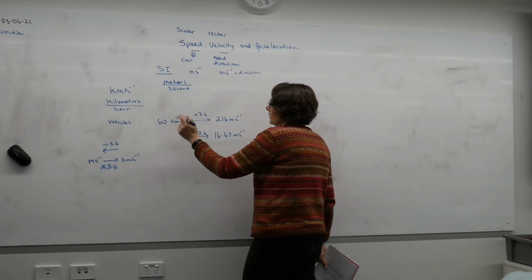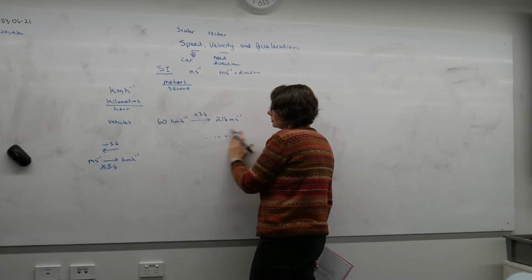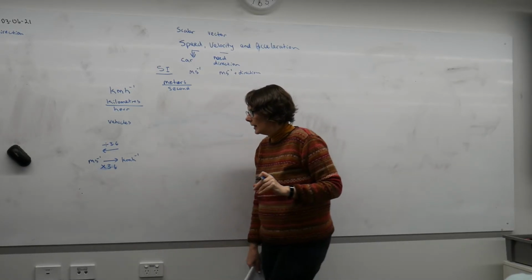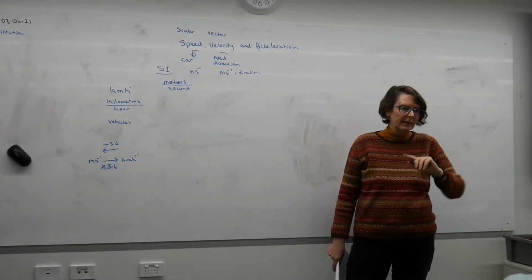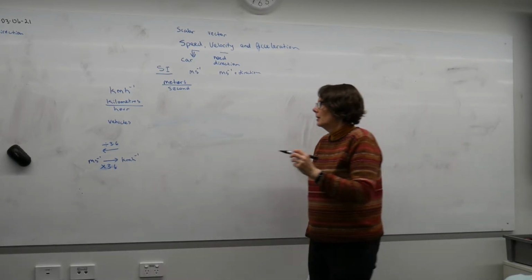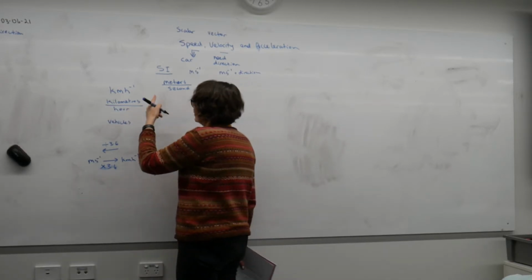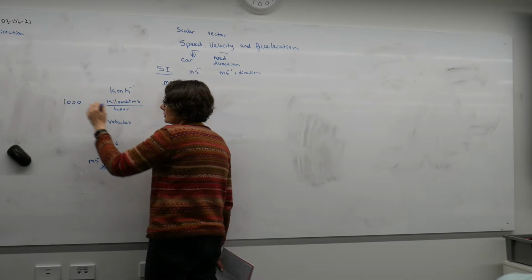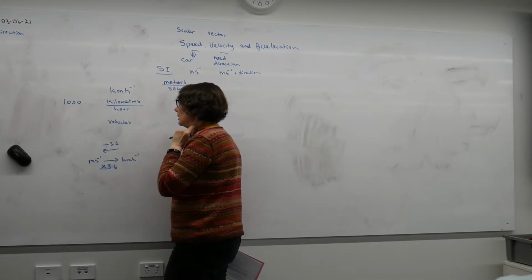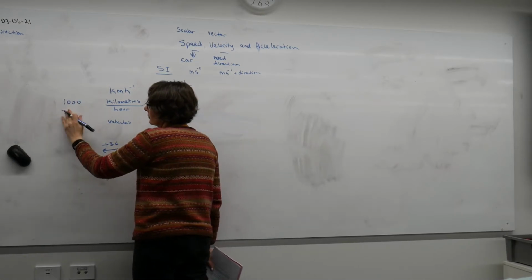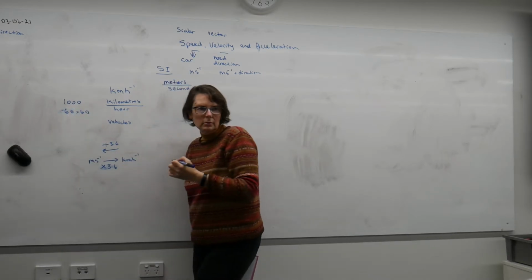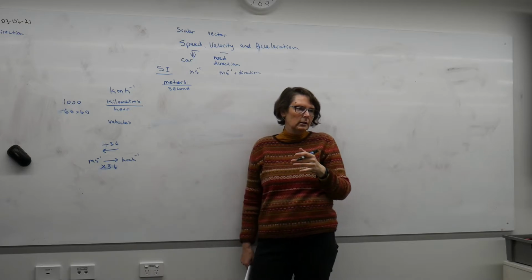And so you can just do the double check and make sure that the meters per second should always be less than the kilometres an hour. But the reason why this is our conversion factor is we've got 1,000 meters in a kilometre, and in an hour we've got 60 times 60 for minutes and seconds.